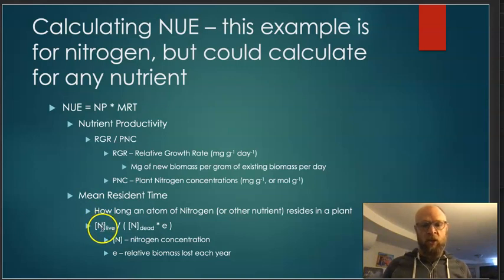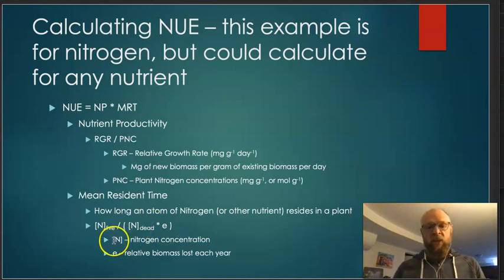So you take the nitrogen concentration of the living tissue divided by the nitrogen concentration of the dead tissue times the relative biomass lost in a given year, or averaged over time. What this is really giving us is an idea of how much nitrogen is reused each year.